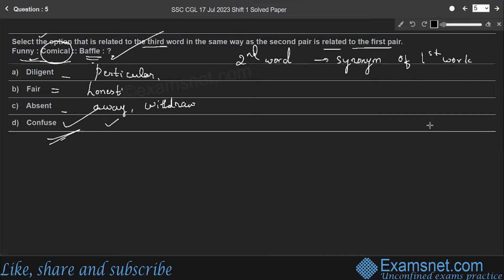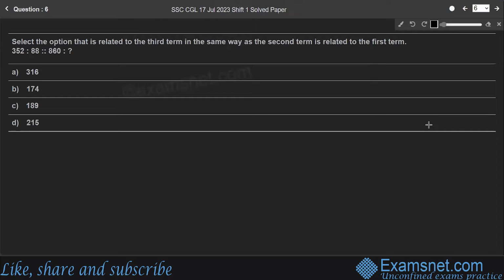Question 6. Select the option that is related to the third term in the same way as the second term is related to the first term. Here the first term is 352 and the second one is 88. So the logic is divide 352 by 4, so you will get 88. Therefore, first term divided by 4 gives the second term.